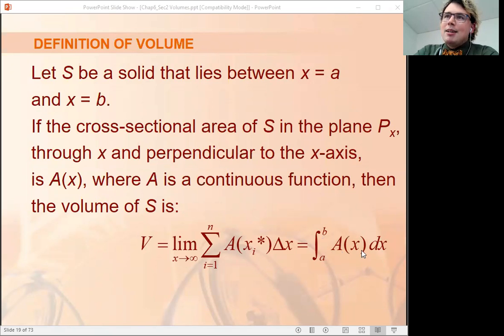The area for each of my cylinders is still A of x, but now the width is my dx, my infinitesimal dx. And since my Greek letter D turned into a Latin letter D, my Greek letter S has turned into a Latin letter S. Such wonderful little surprises we hide in our notation.